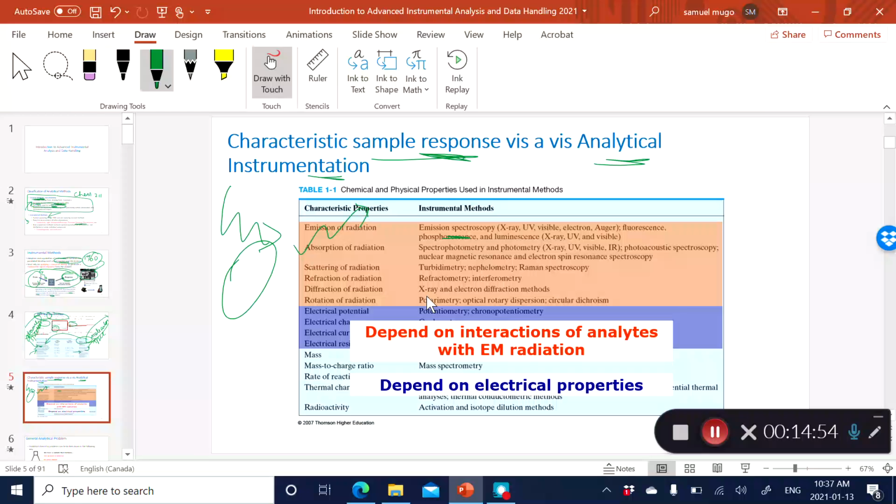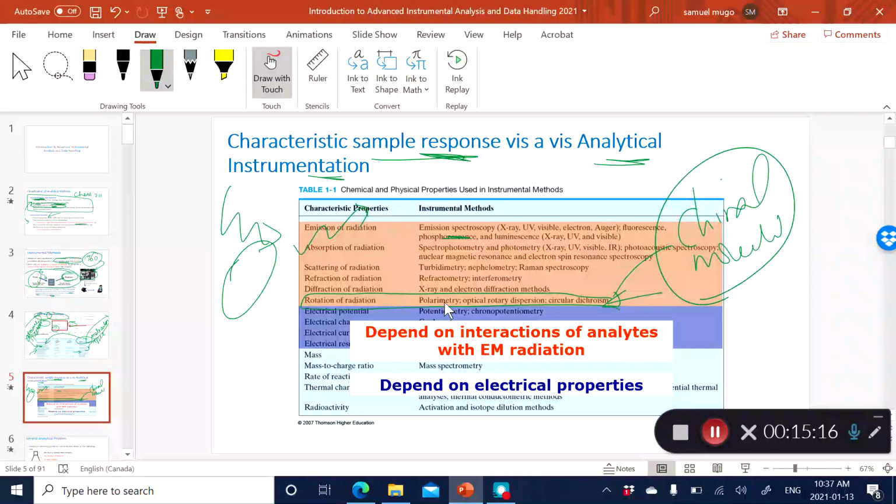In that case, you can have a technique such as polarimetry, or even something like circular dichroism, which is actually a very important technique in organic chemistry, where you're trying to measure the so-called chiral molecules, or enantiomers, because the R and the L type of enantiomer rotate polarized light in different directions. And so you can differentiate between two types of enantiomers.